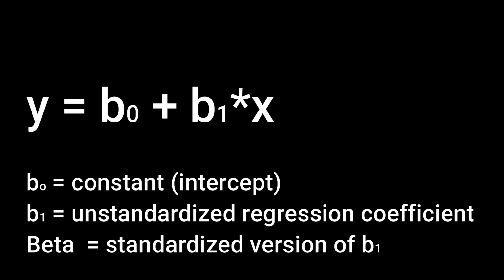It also has a standardized version called beta, which is measured in standard deviation units and which indicates how many standard deviations the criterion variable changes when the predictor variable changes with 1 standard deviation.